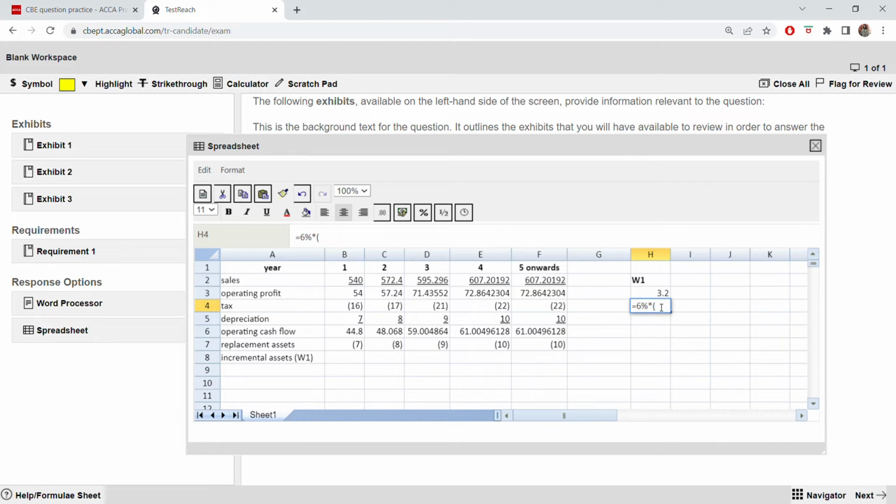Six percent of what? From 570 to 540. This minus this, you have the numbers already, so it's very easy. Enter. 1.944.